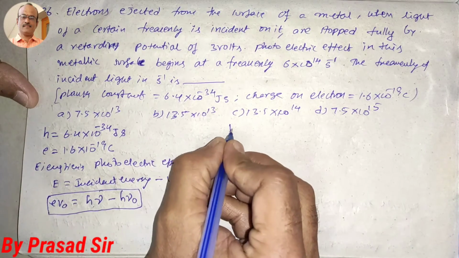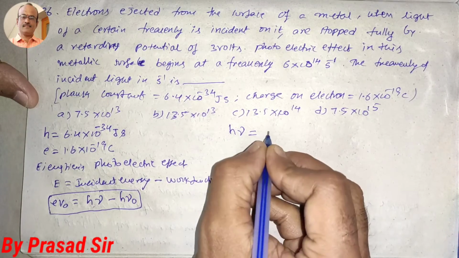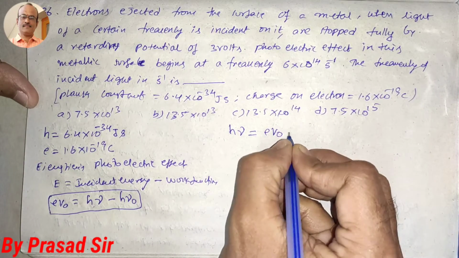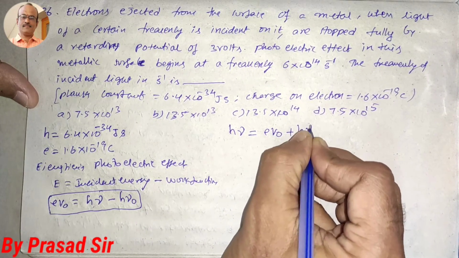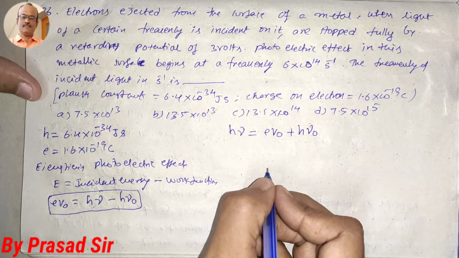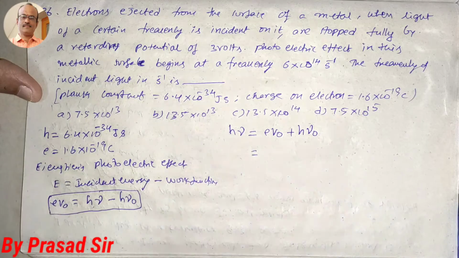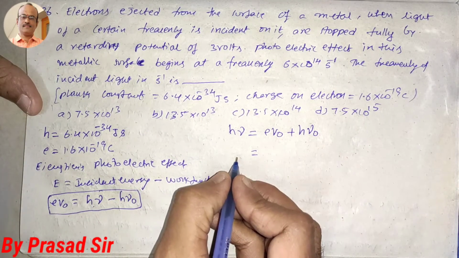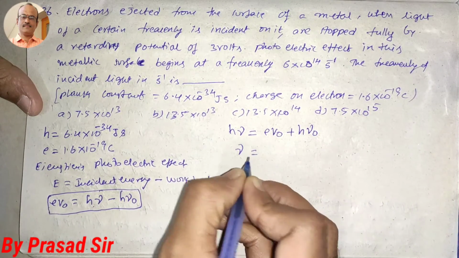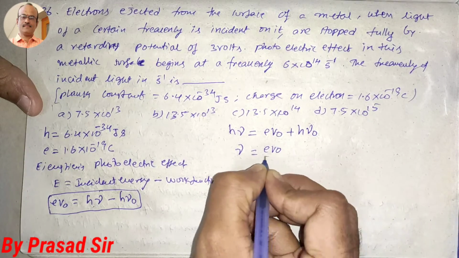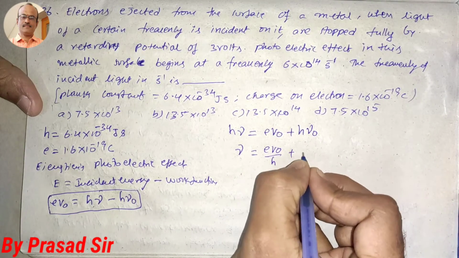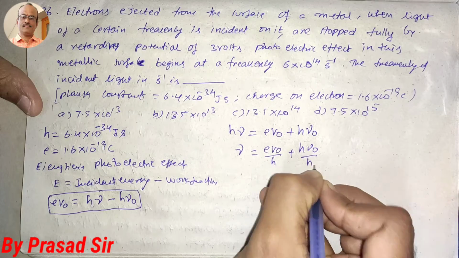That means h nu is equal to eV0 plus h nu naught. This is very, very important. Here we want to find the frequency. Nu is equal to eV0 by h plus h nu naught by h.